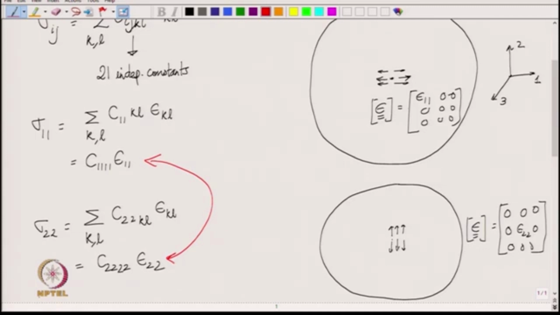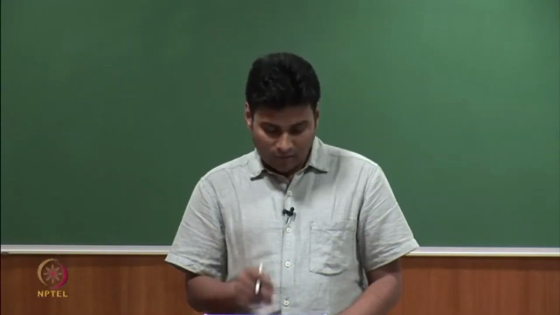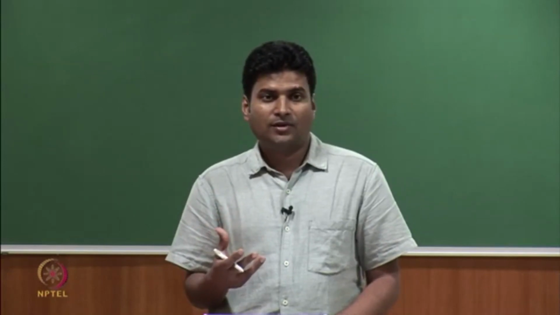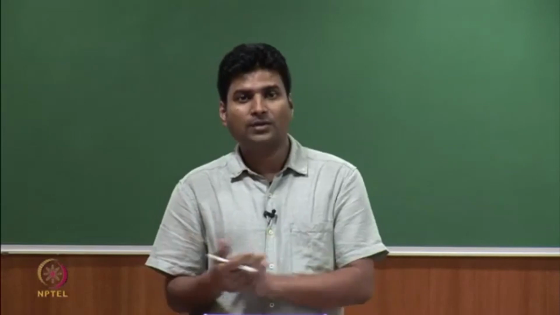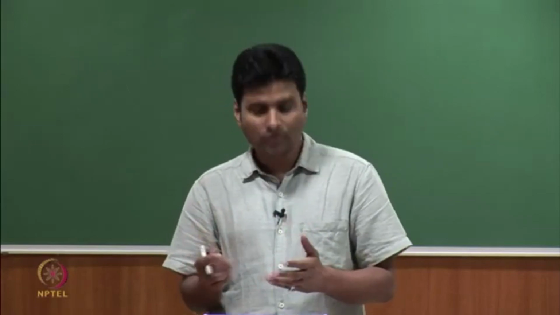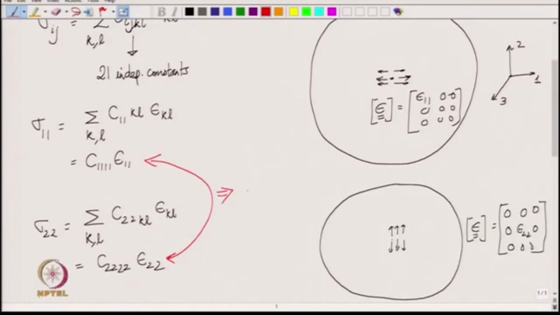If you are applying the same strain, epsilon 1 1 in the first case and epsilon 2 2 in the second case, and it leads to the same stress, then that is possible only if C 1 1 1 1 is equal to C 2 2 2 2, is it not? So, that is an extra constraint if it were an isotropic material. So, from physics we know that the response has to be the same. So, that means sigma 1 1 has to be sigma 2 2. So, this implies C 1 1 1 1 is equal to C 2 2 2 2.